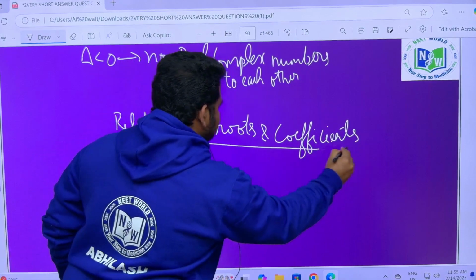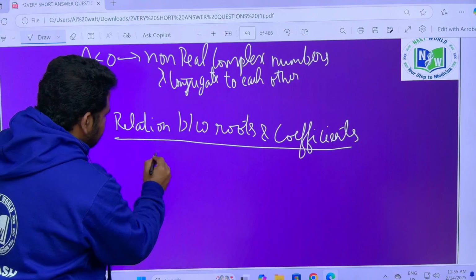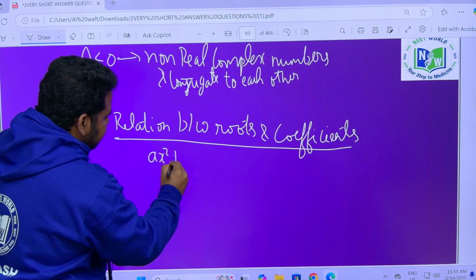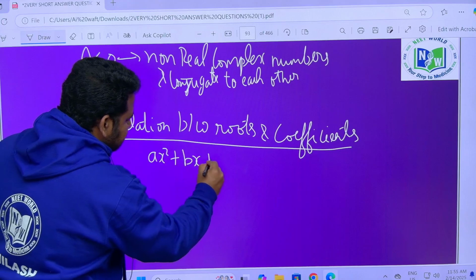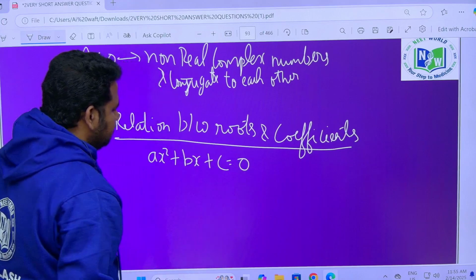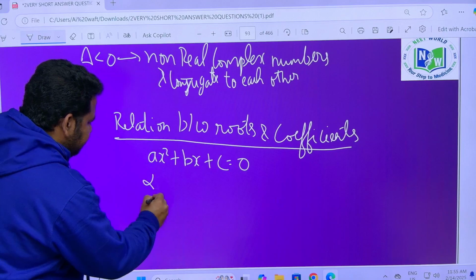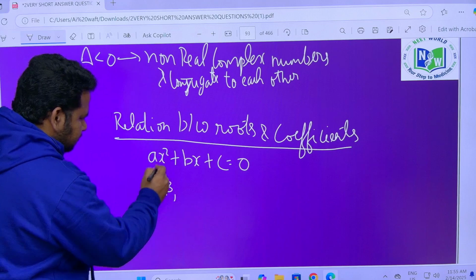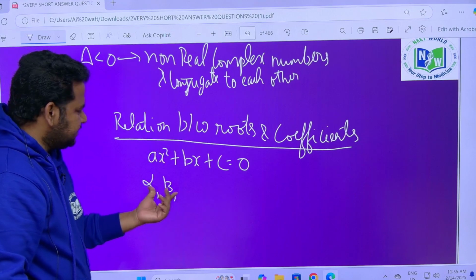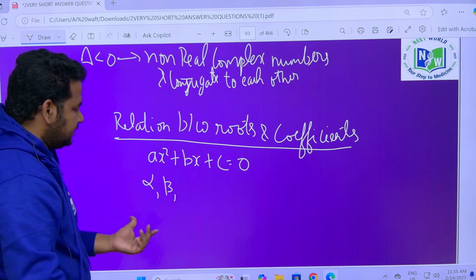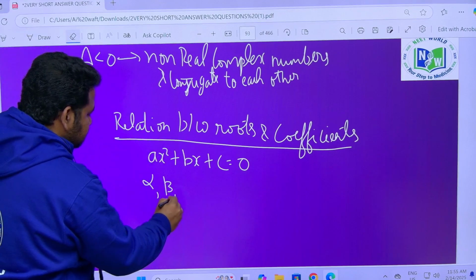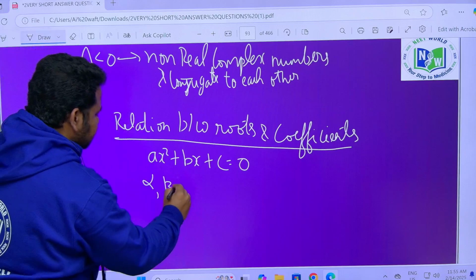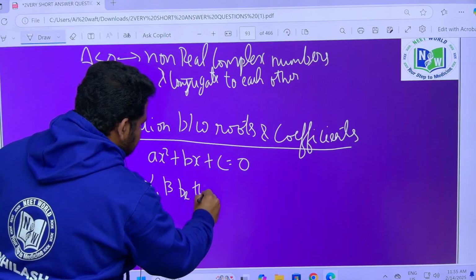Suppose the quadratic expression that is given is ax square plus bx plus c is equal to 0. Here the power is 2, that means it will have two roots, right? Let alpha, beta be the roots of the equation.